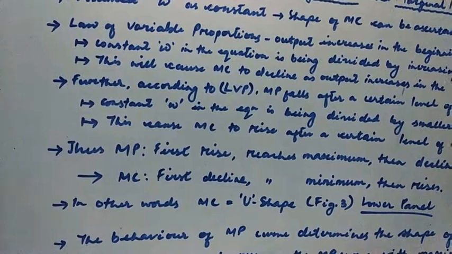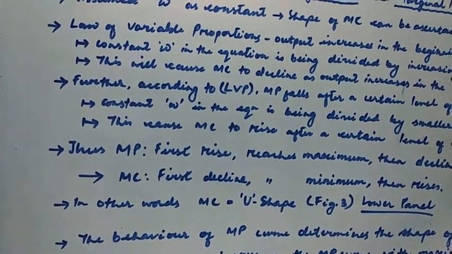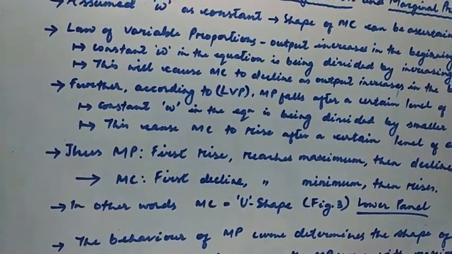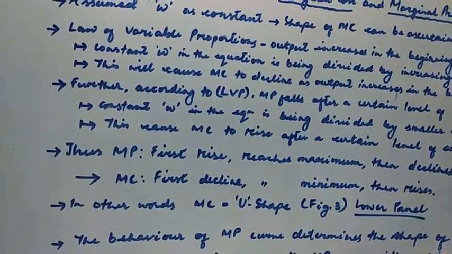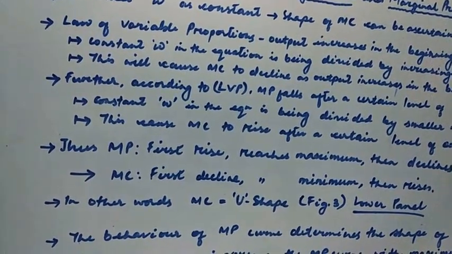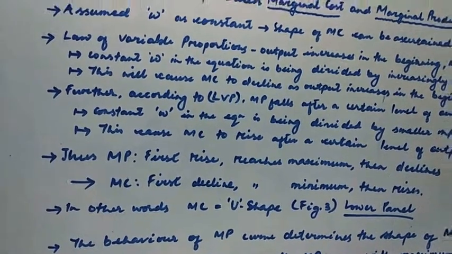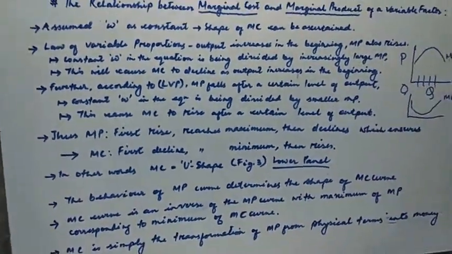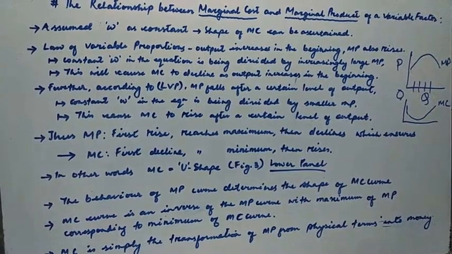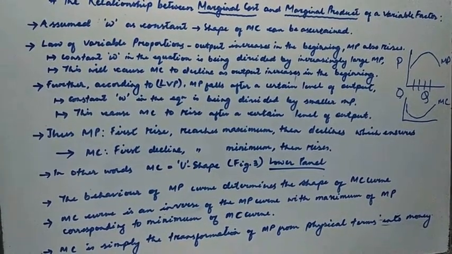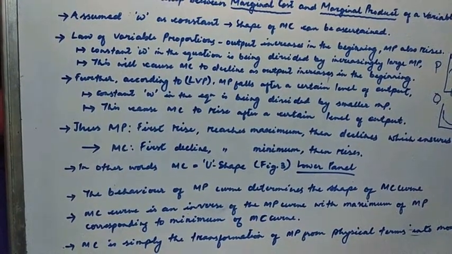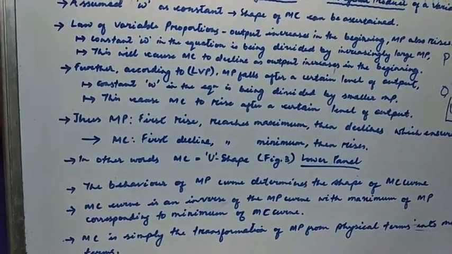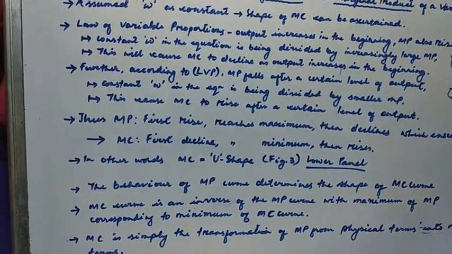The assumption that the price paid for the variable factor is constant is very significant, since a change in the factor price may disturb our conclusion. Otherwise, if that is not assumed, then the change in this factor price may disturb our conclusion.